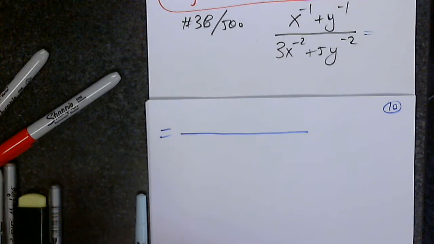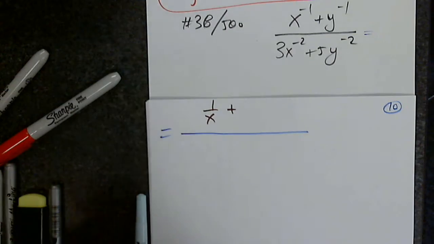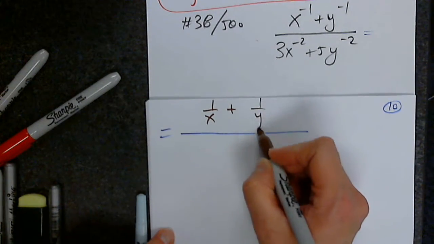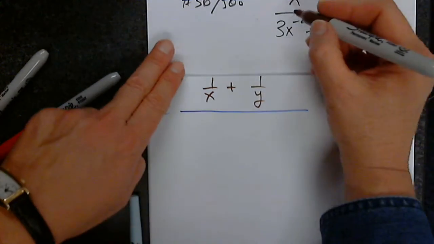So it'd be 1 over x plus 1 over y, over 3 over x squared plus 5 over y squared.